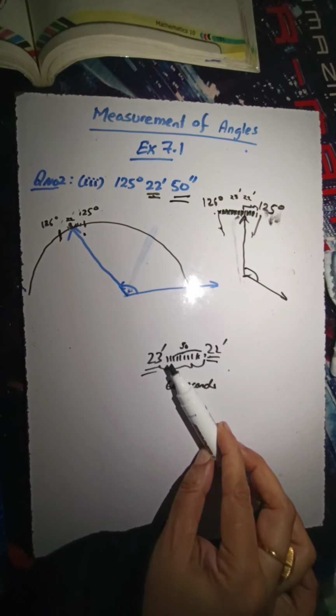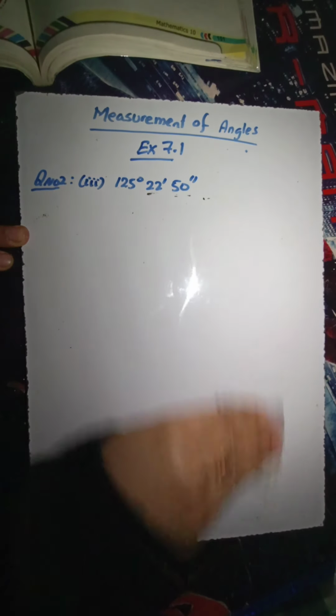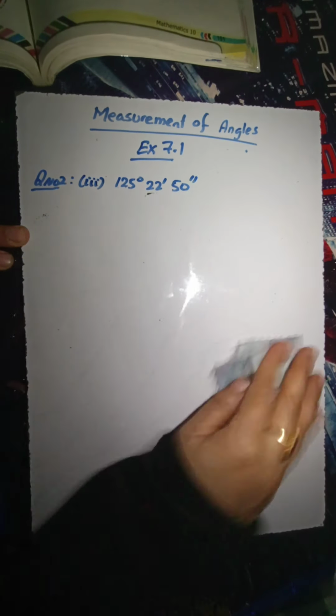Okay, now we want to convert this into decimal form. Decimal form means that we want to express this only in degrees, not in minutes and seconds. That is only possible if we express this number in decimal fraction form.